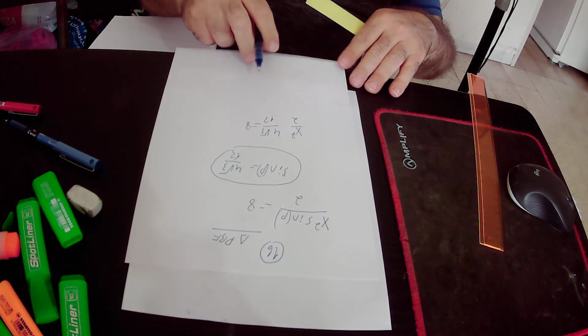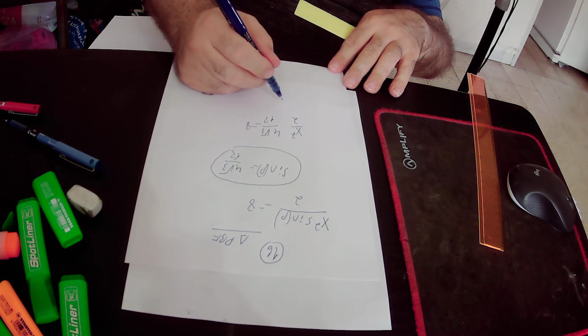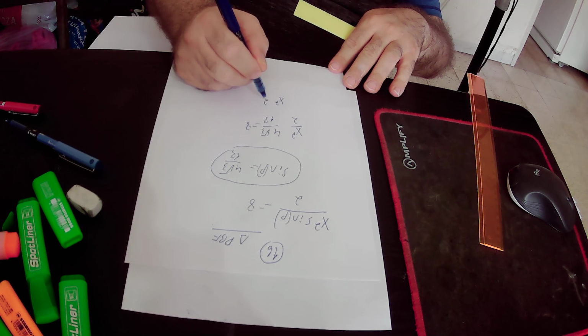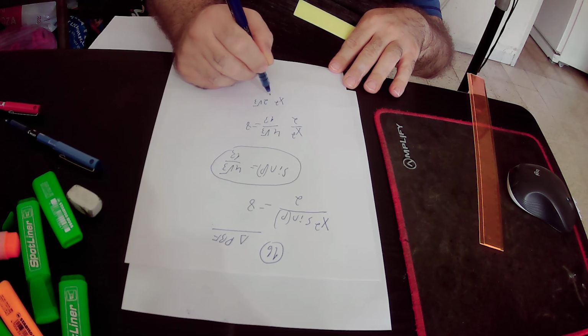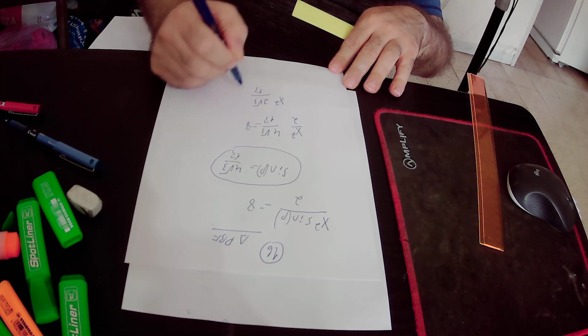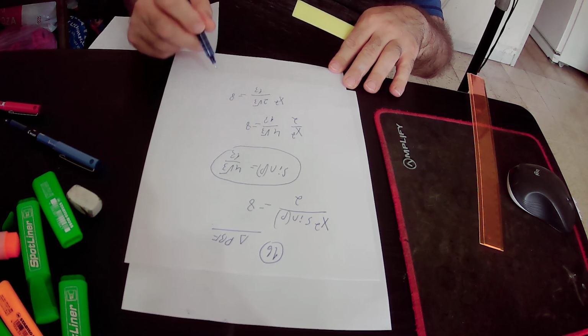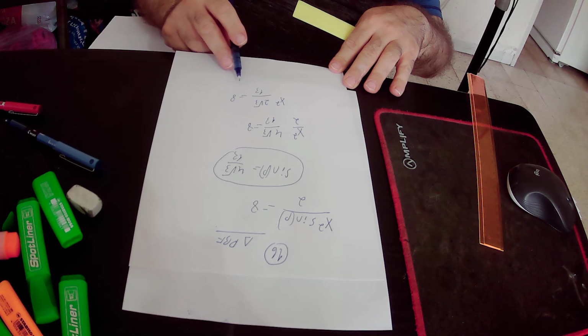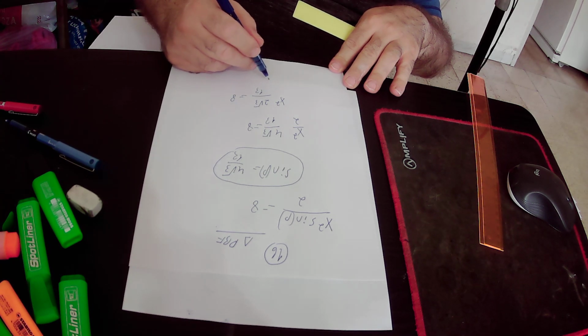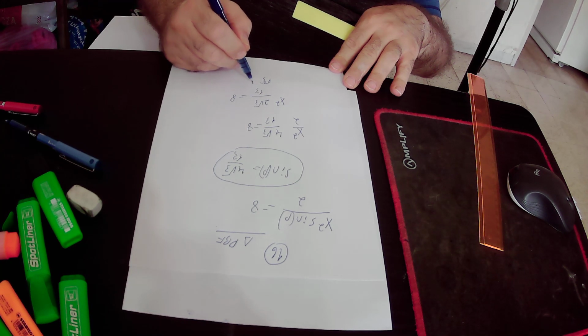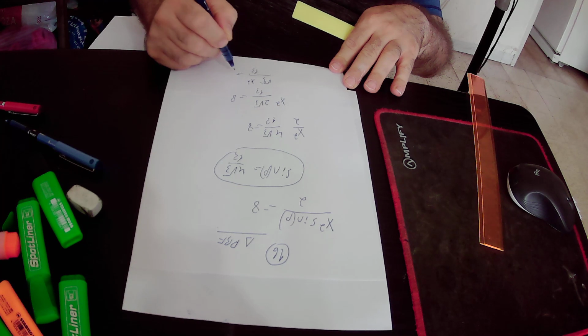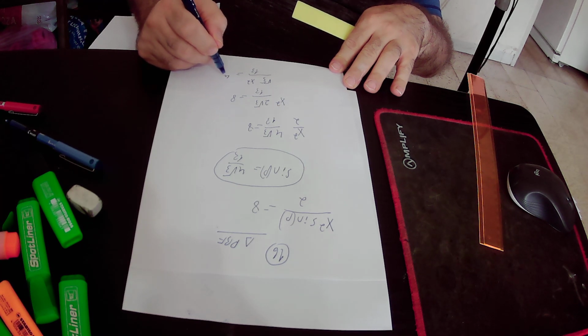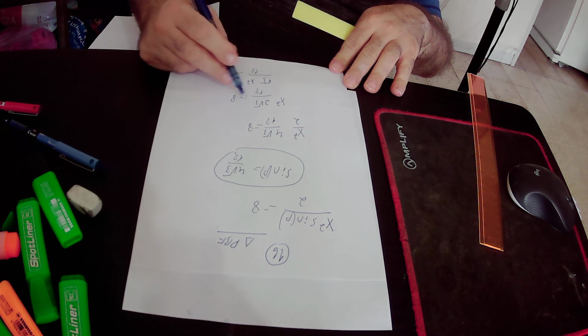So here 4 over 2 is 2. In total we will get that x squared times 2 times root 3 over 13 equals 8. Here we can divide this equality by 2, and we will get that root 3 times x squared over 13 equals 4, because we divided this equality by 2.